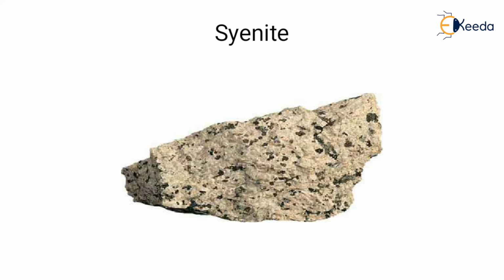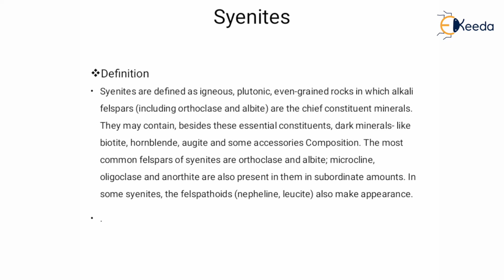Syenite consists of small grains and large grains too, and medium grains are also present. This is also of plutonic origin, light colored, leucocratic. Holocrystalline textures are present, and merocrystalline textures are also present because some are fine grained and some are medium to large grained. Syenites are defined as igneous, plutonic, even grained rocks in which alkali feldspar, including orthoclase and albite, is the chief constituent mineral.